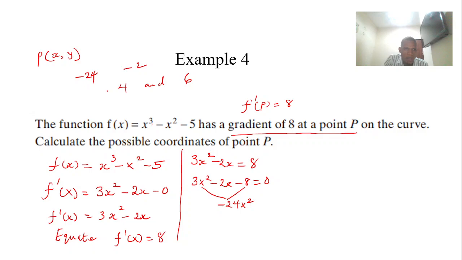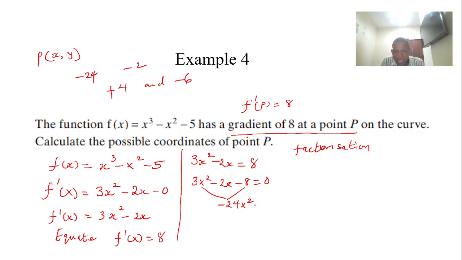Minus 4 times 6 is -24, but minus 4 plus 6 is not -2, so I should use plus 4 and -6. Don't forget, this is the trial and improvement method. I'm using the factorization method to solve this quadratic equation. Obviously I multiplied 3x squared times -8 and got -24x squared.